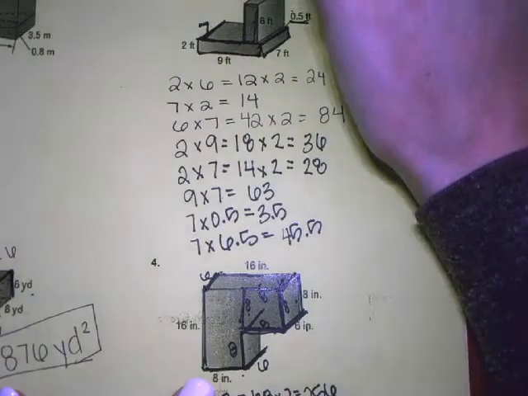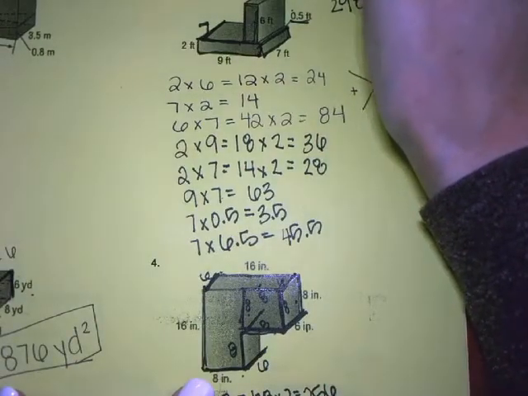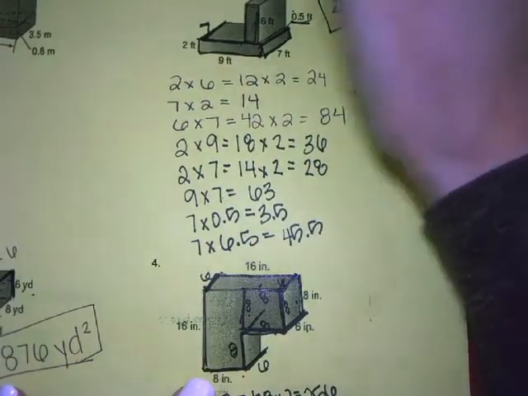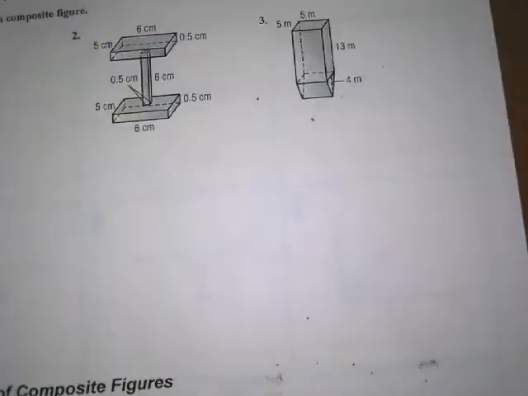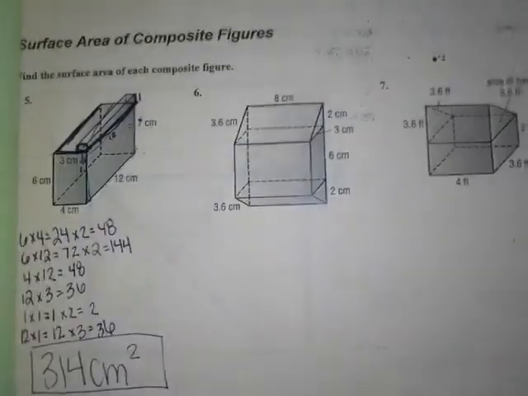You should get 298 feet squared. All right, guys, questions? All right, we're going to go do this number 6 back on the yellow sheet of paper.